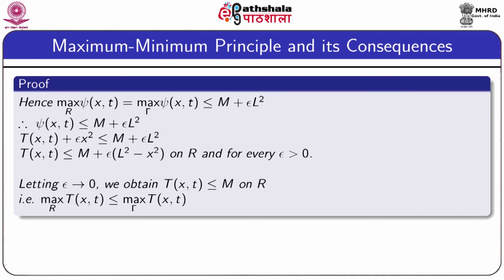Similarly, we can prove that the minimum of capital T is attained in the region gamma. So, this is the proof of the maximum minimum principle for the one dimensional heat equation.